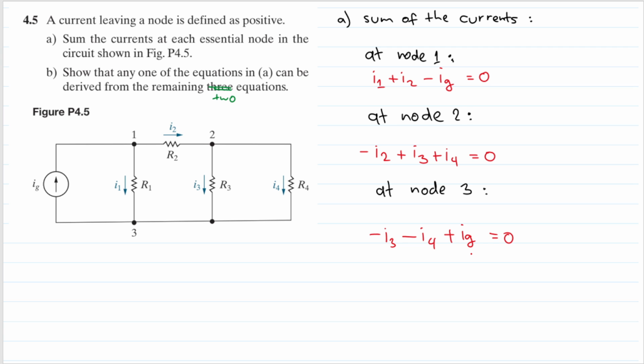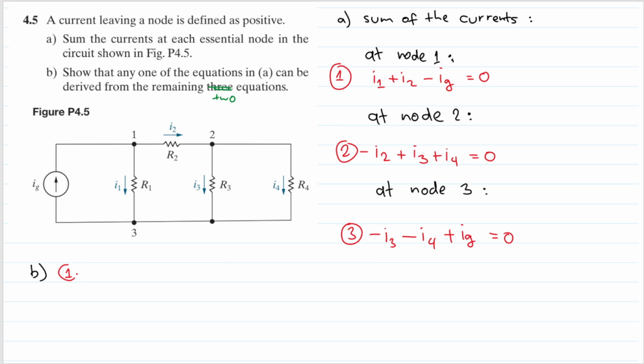Okay? The question B, show that any one of the equations in A can be derived from the remaining 2 equations. Okay? Maybe let's just sum them up. So B, let's name these equations as equation number 1, equation number 2, and equation number 3, right?